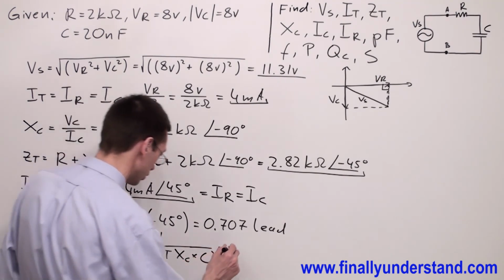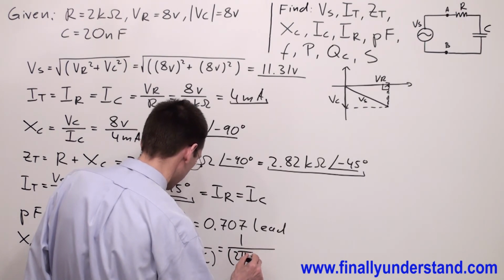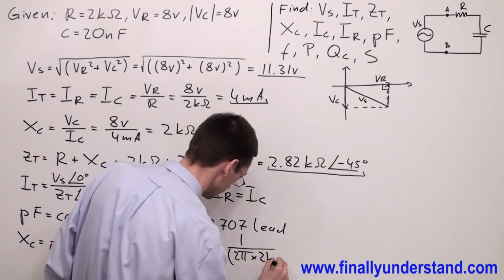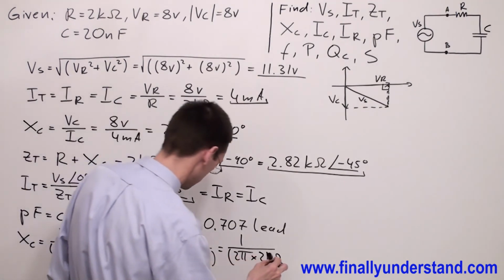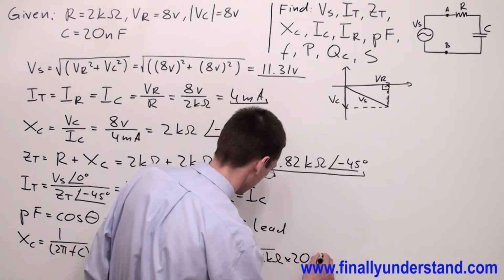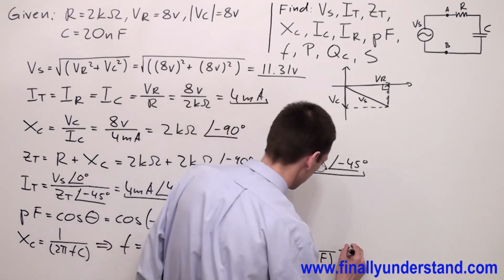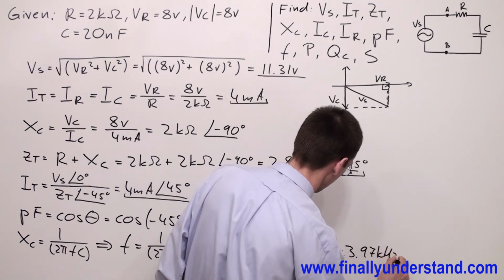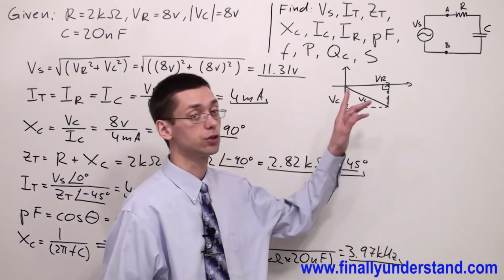Plug in the values: F is 1 divided by, open parenthesis, 2 pi times X of C, which is equal to 2 kilo ohms (when you calculate the frequency, you don't include the angle), times C, which is equal to 20 nanofarads, close parenthesis. And this is equal to 3.97 kilohertz. So this is the frequency in my circuit.